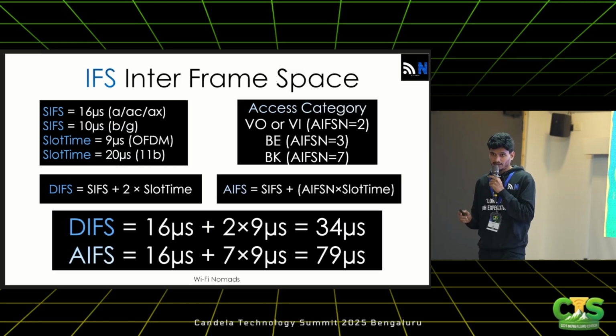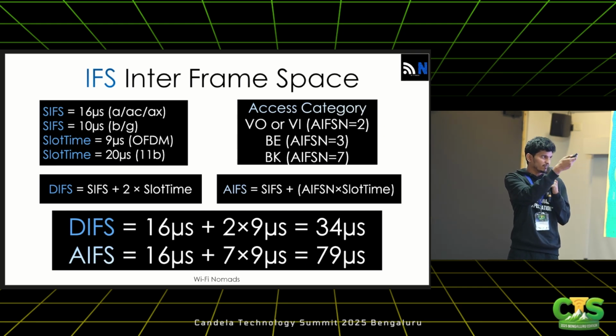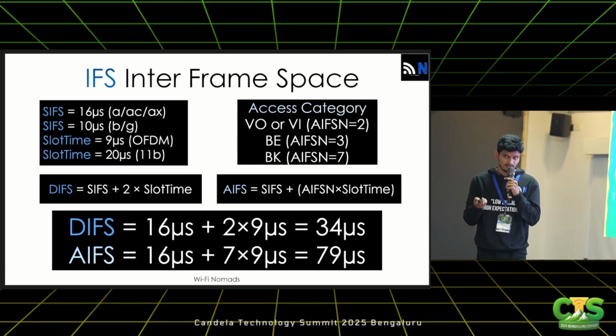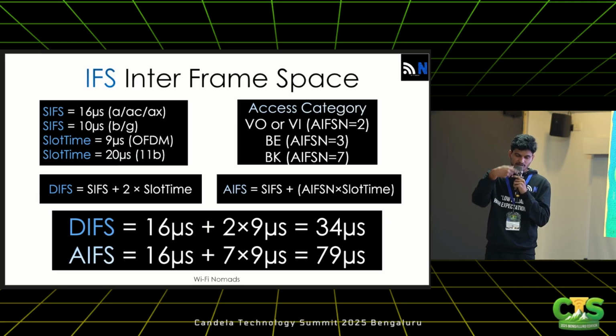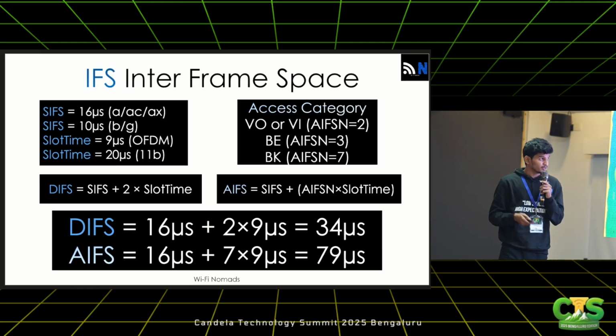DIFS and the AIFS value will be similar in the case of voice, so we cannot go below 34 microseconds in this case. That's why we delay other traffic. That's how indirectly we give priority to video or voice.